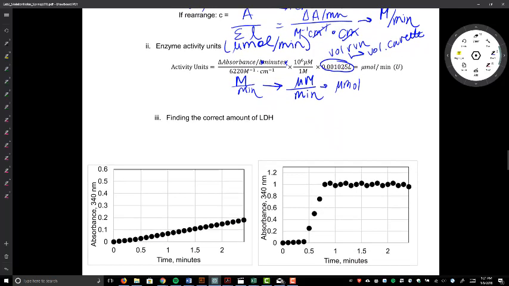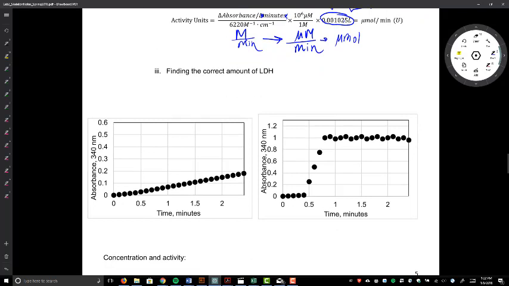So now that we know how to figure out the enzyme activity units, how do we set up our enzyme assay so we find the correct amount of LDH, and we can accurately quantify the units? When you start your enzyme assay at the beginning, if you were to take the sample that we gave you and put 25 microliters right into the cuvette, you're likely going to see something like this.